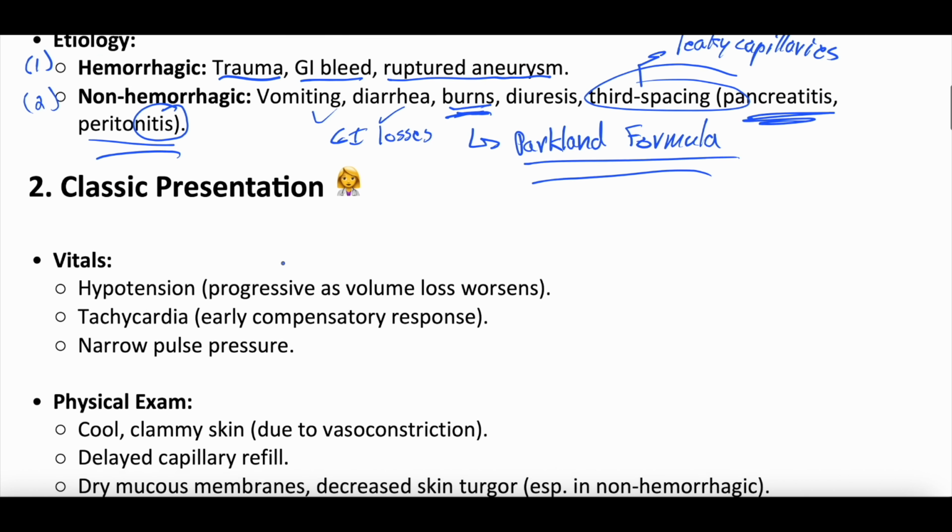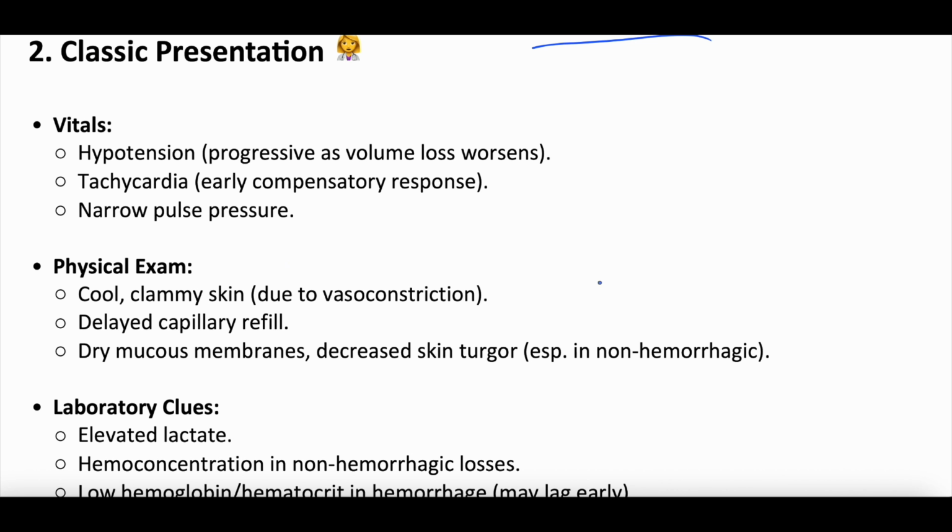The classic presentation people probably could guess, right? But from a vitals standpoint, and we're going to talk more about hemorrhagic shock in a future episode, and we'll get into some of the progression of vital sign derangements in that lecture. We're not going to go into it in as much detail here, but vital signs, you often get tachycardia. This is often early, right? Your heart rate increases to try to compensate.